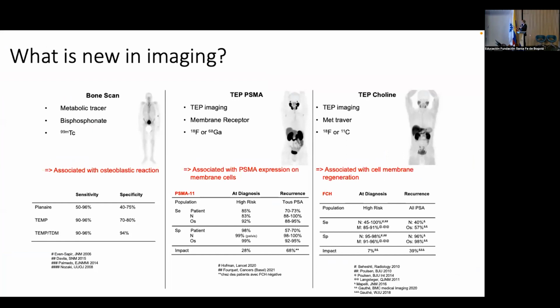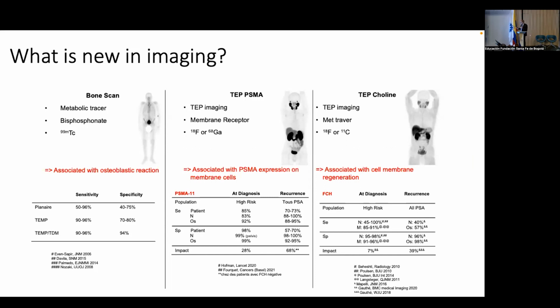And I want first to start with this very simple slide showing that with these different methods, we are not looking at exactly the same thing. If you consider bone scan, you know that it's a bisphosphonate linked with technetium, and this imaging is linked with the osteoblastic reaction due to the tumor cells.